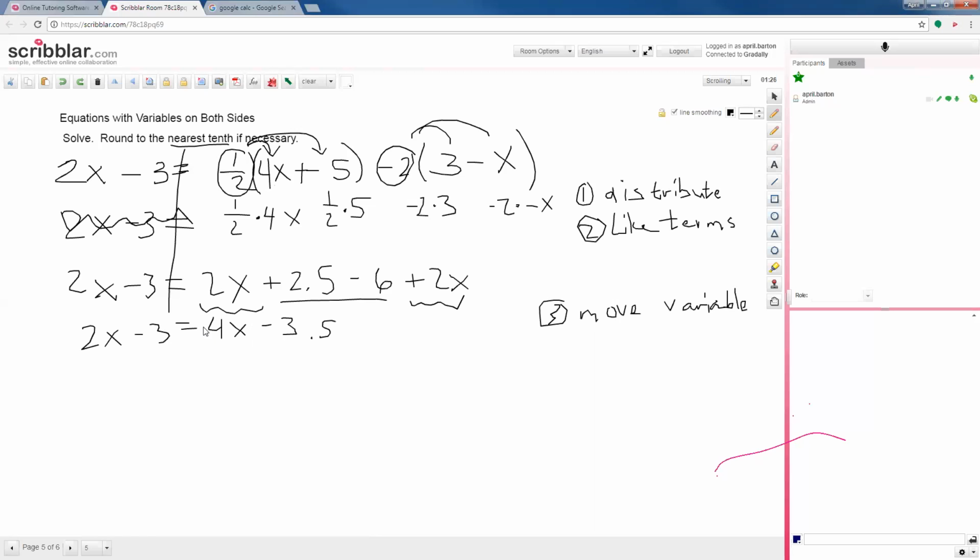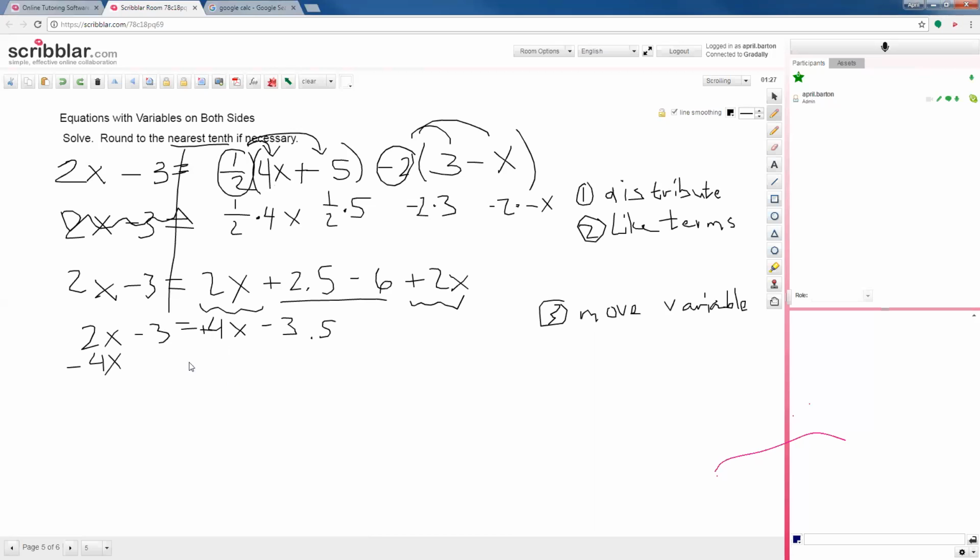So currently this is a positive 4x. What is the opposite of adding 4 so that we can move it over to the left? Opposite of addition. So opposite of addition is going to be subtraction.